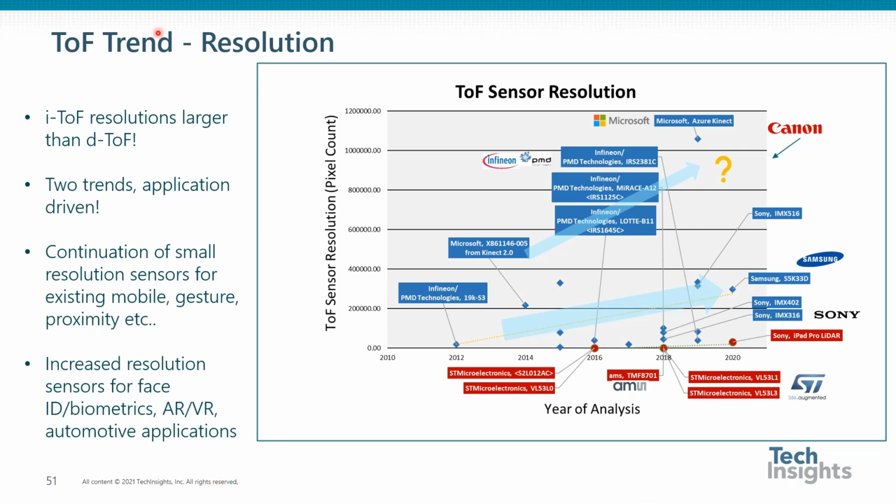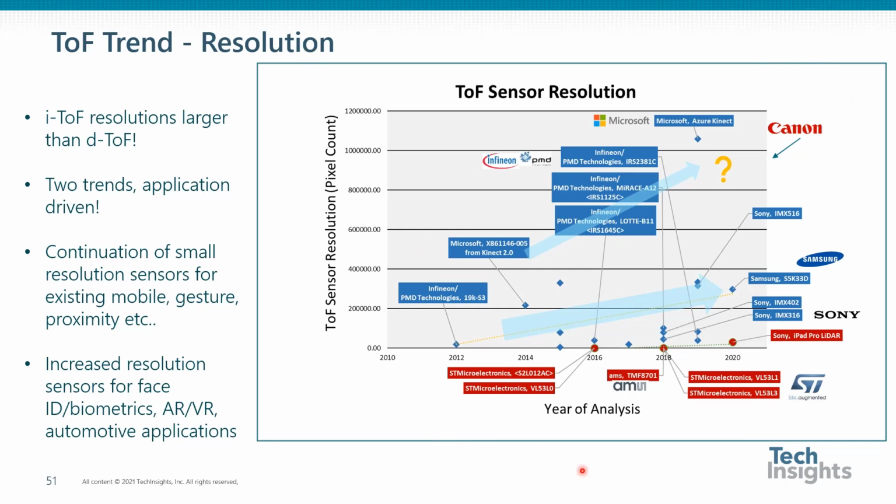And the first thing that we can note on this graph is that the resolution for ITOF sensors, in general, is larger than for DTOF sensors. It also seems to suggest that there is a tendency for resolution to increase for ITOF sensors. And one could even think that there are two trends, the mainstream sensors over here, as well as emerging sensors over here.